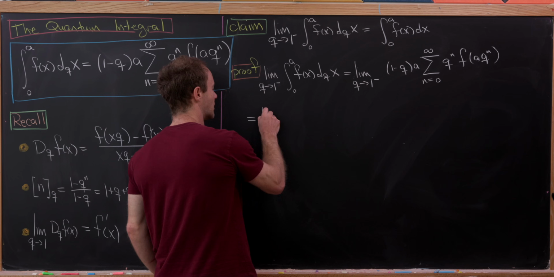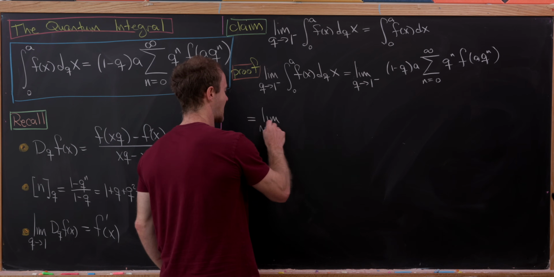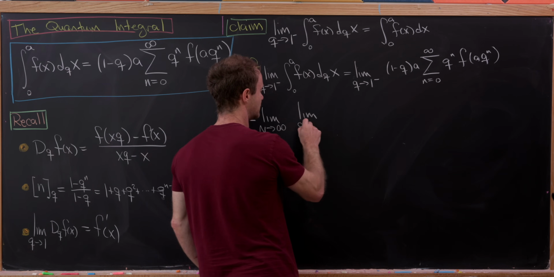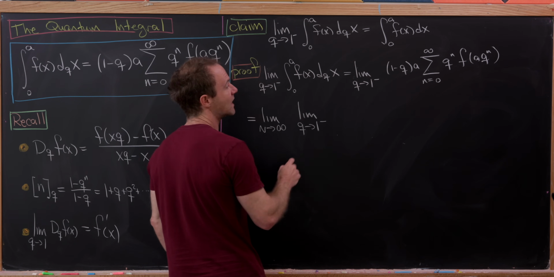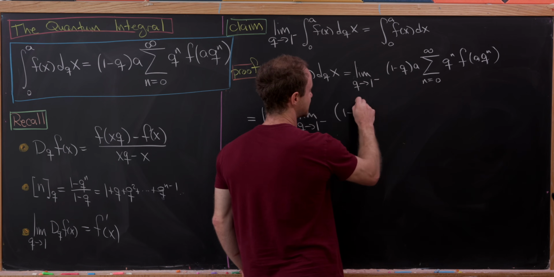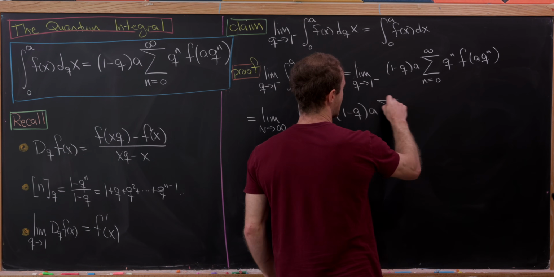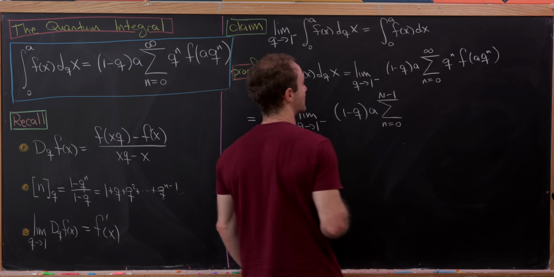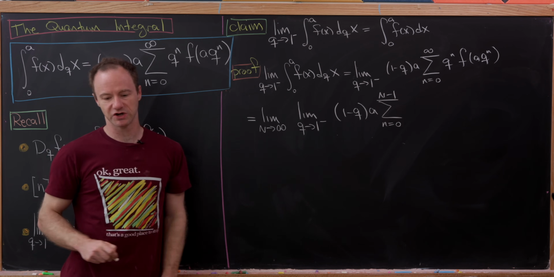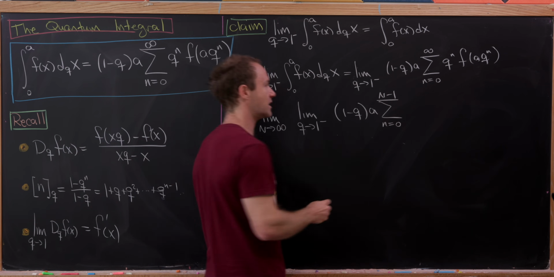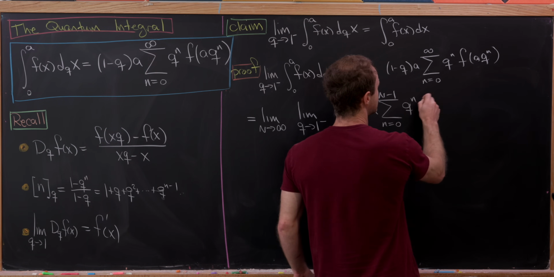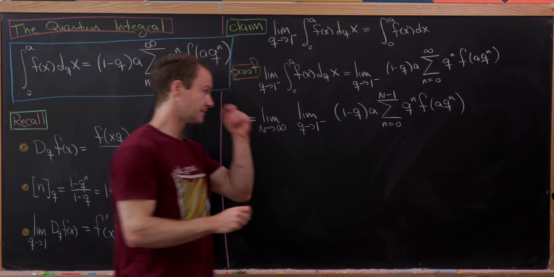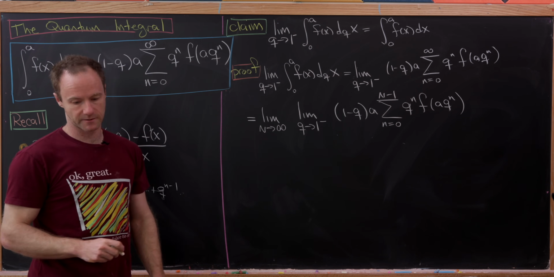Okay, so I'll take my limit as capital N goes to infinity of the limit as q goes to 1 from below of (1 - q) times a times the sum as n goes from 0 to capital N minus 1. We'll see why we want to stop at capital N minus 1 of q^n f of a times q^n. So that's what we've got so far.